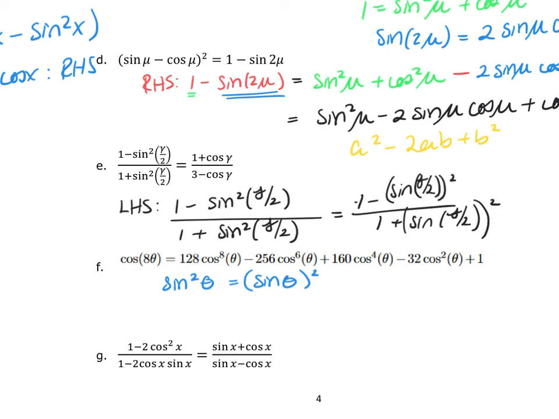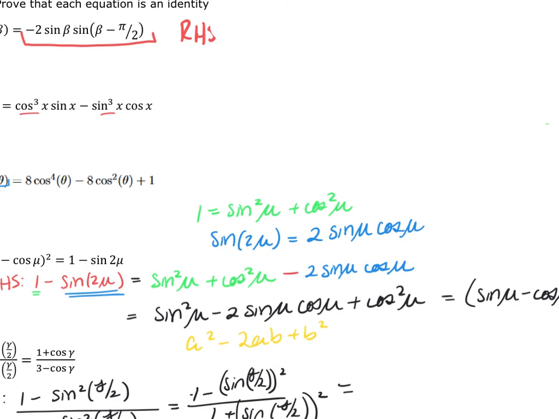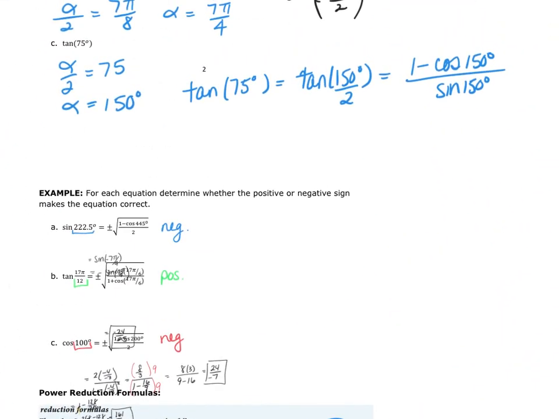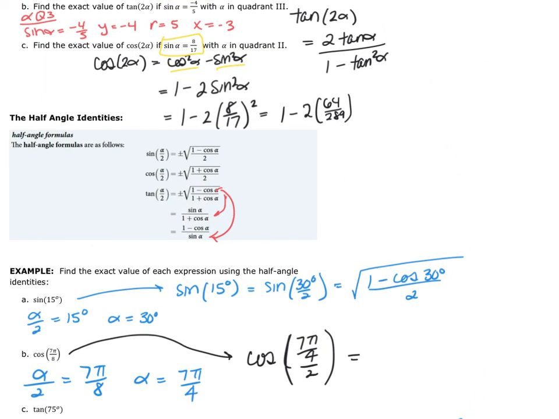And then now I can use my half-angle formulas. It doesn't matter the plus or minus because I'm squaring it. If we look at my half-angle formulas up here, the positive or negative doesn't matter because I'm going to square it. So 1 minus the cosine alpha divided by 2 underneath the square root is just going to be 1 minus the cosine alpha.